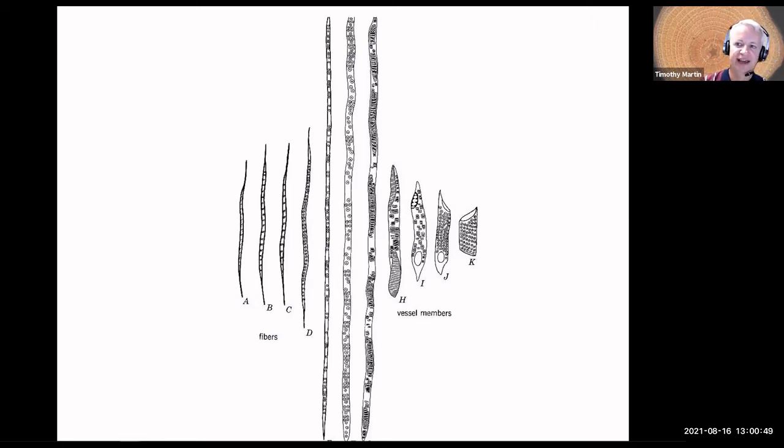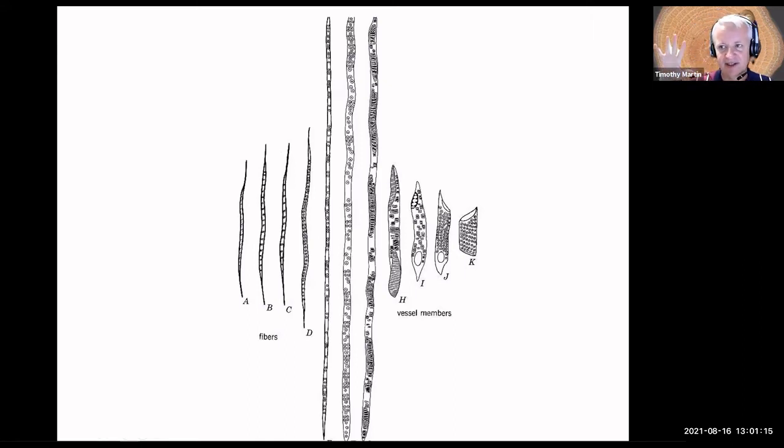In the evolution of angiosperms, one of the innovations that evolved was the separation of the mechanical support function from the water transport function in two different cell types. So in angiosperms, the vessel members evolved and they perform water transport, while fibers perform the mechanical support function.